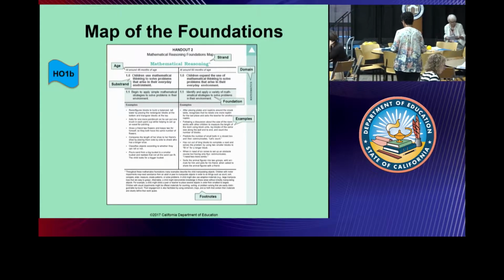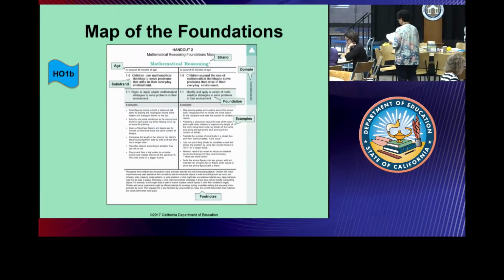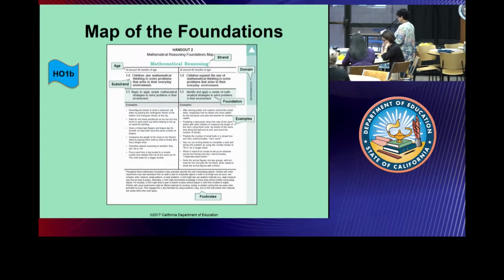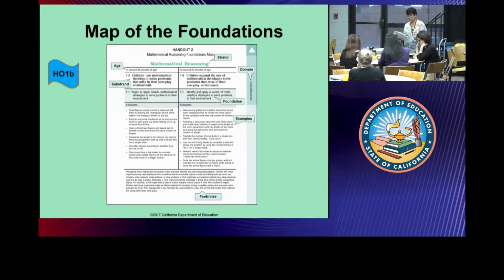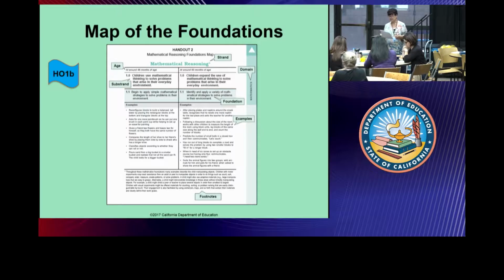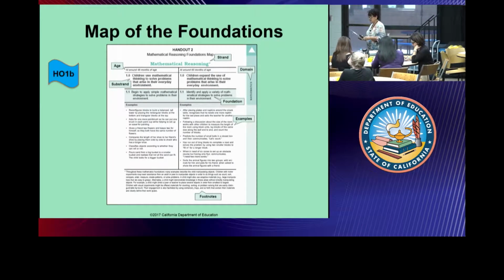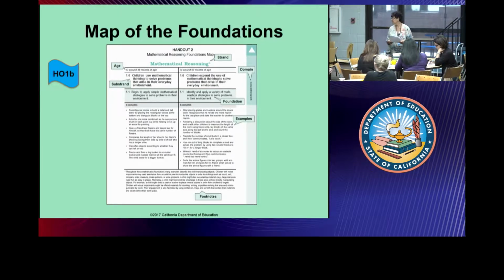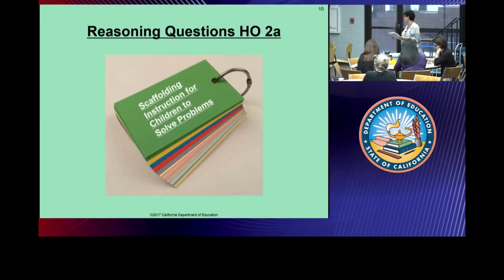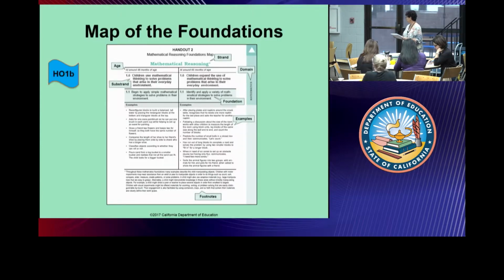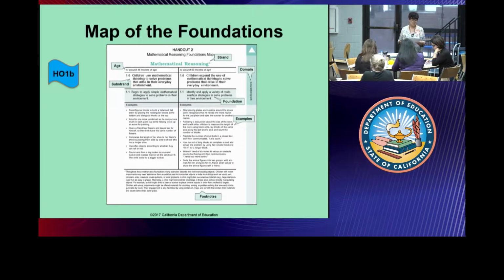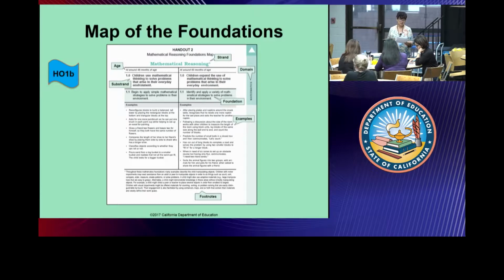When you look at 1.0, it says children use mathematical thinking to solve problems that arise in their everyday environment at around 48 months. And around 60 months, children expand the use of mathematical thinking to solve problems that arise in their everyday environment. 1.1 says begin to apply simple mathematical strategies to solve problems in their environment at 48 months.